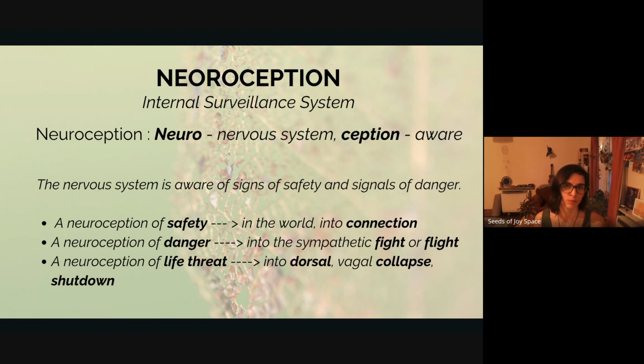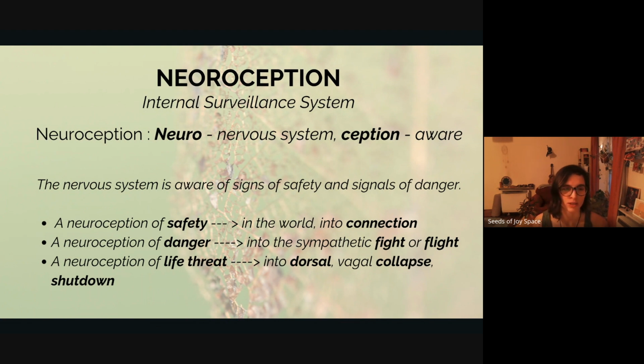And that will also be based on our experiences, because, as I mentioned before, our early experiences are imprinted on our nervous system. So if there is some sort of familiarity in our environment, our nervous system will maybe take it as a signal of danger, or a signal of life threat, even if it isn't.